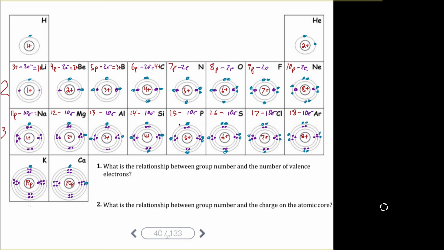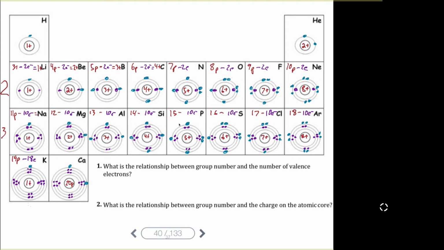So let's go ahead and do this last one here. There's 19 protons here. If you count all of the inner electrons, there's 2 on the first energy level, 8 on the second, 8 on the third. That's a total of 18. So we subtract 18 electrons, and what you end up getting is a 1 plus.